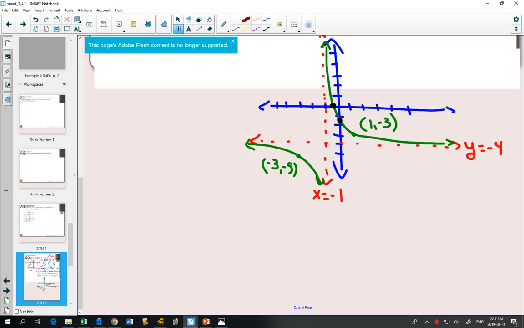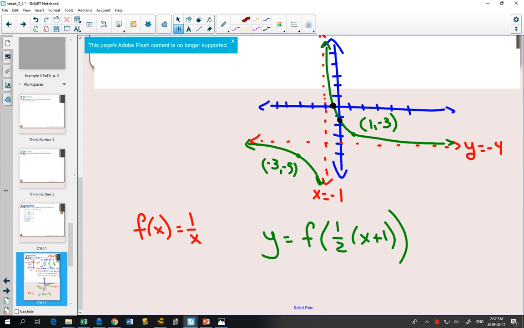So if the actual beginning equation was 1 over x, what is the equation? What did I have? f of 1/2 x plus 1, minus 4. How do I change the green graph in function notation to be explicit notation?